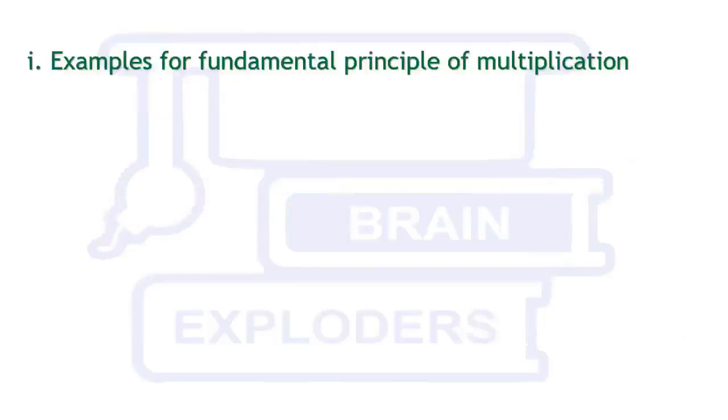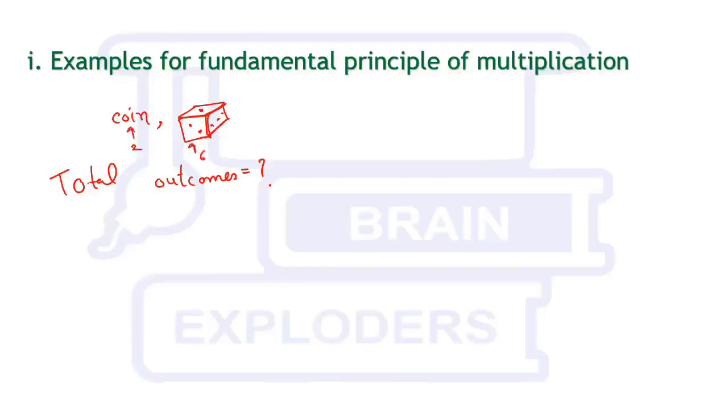So, an example for the fundamental principle of multiplication. Suppose we toss a coin and a die simultaneously. Now we have to find the total outcomes. On the cubic die, there are 6 possible numbers which can occur on the top, and on the coin there are 2 possibilities.